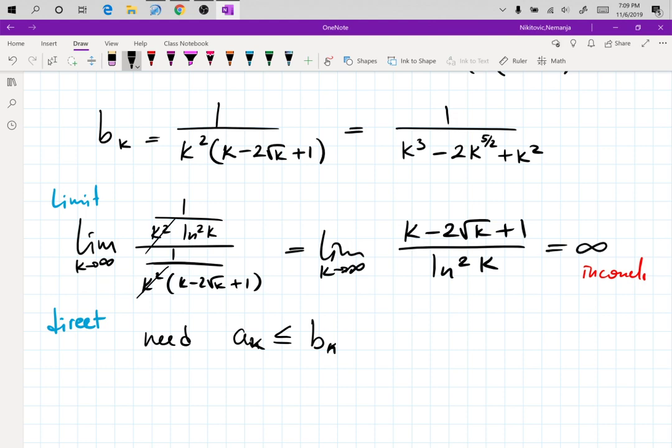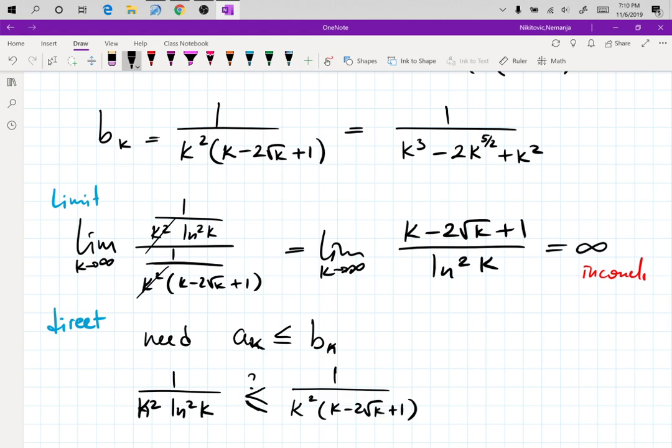It's 1 over k squared ln squared k, and that needs to be smaller than the b_k, which is 1 over k squared times k minus 2 root k plus 1.